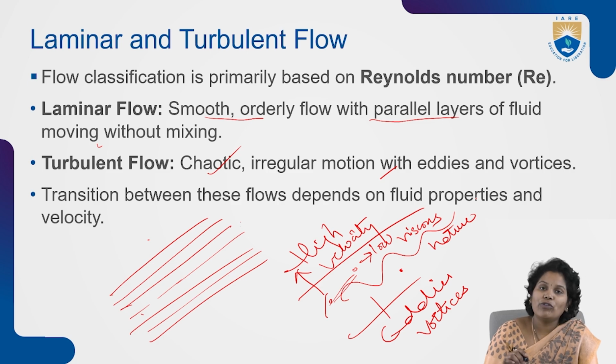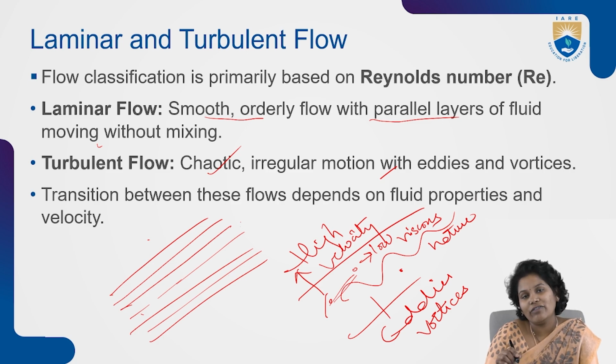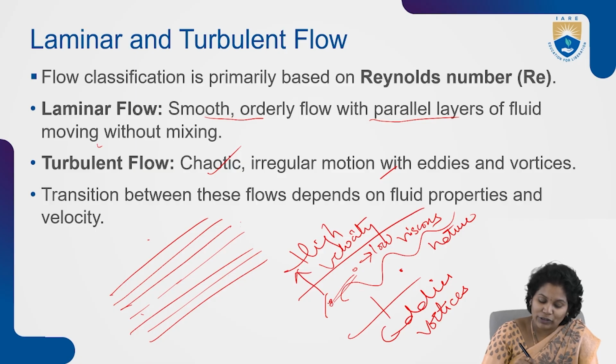If the fluid is moving with very high velocity, there is a transfer of particles in a zigzag manner. That means particles are jumping due to the high velocities, from one place to another in a zigzag manner.